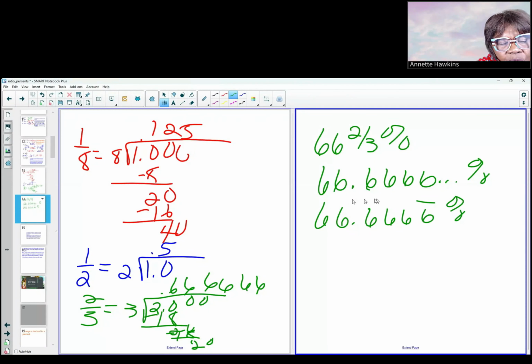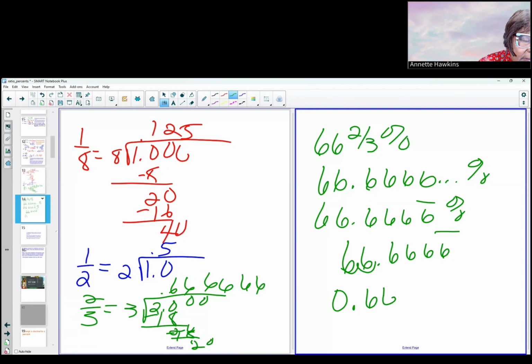All right, so we're going to drop the percent symbol and move it 2 places to the left, 1, 2. We have all these 6s, so we can put a bar there.